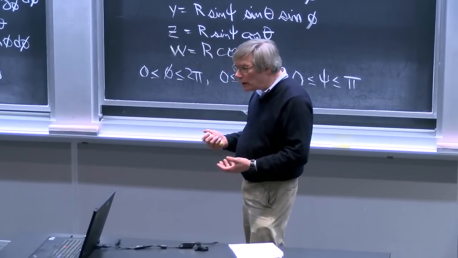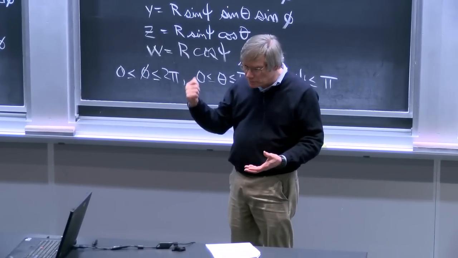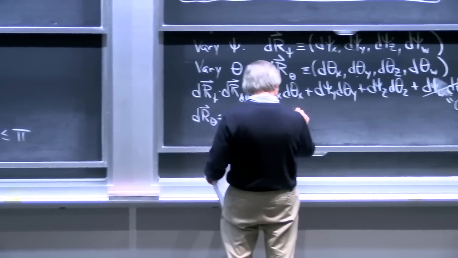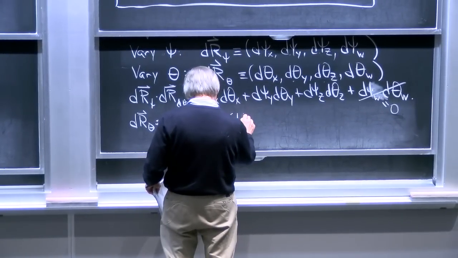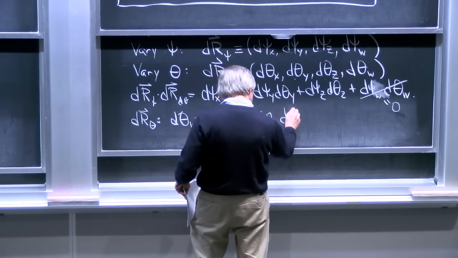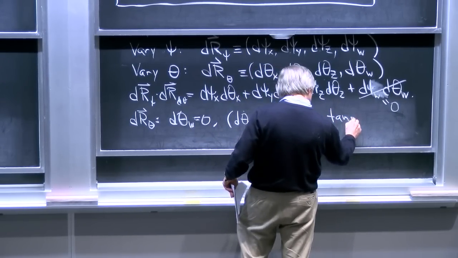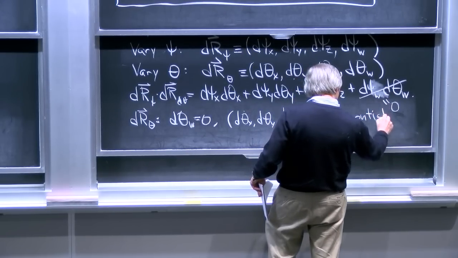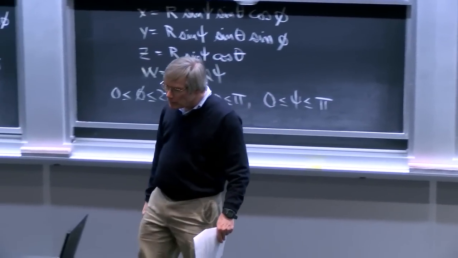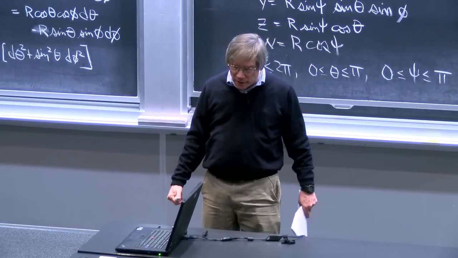And varying theta always causes a variation that's tangential to that sphere. It never moves in the radial direction. So the 3 vector defined by d theta x, d theta y, d theta z is tangential in the three-dimensional subspace x, y, z, just as it was when we didn't have a w coordinate, because the w coordinate doesn't change anything here.